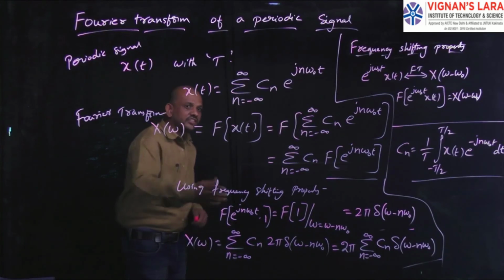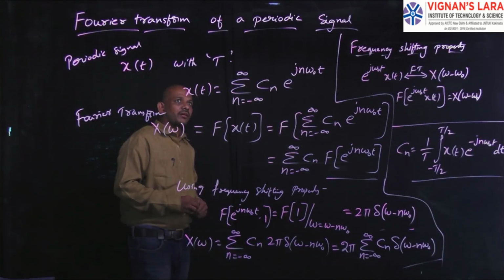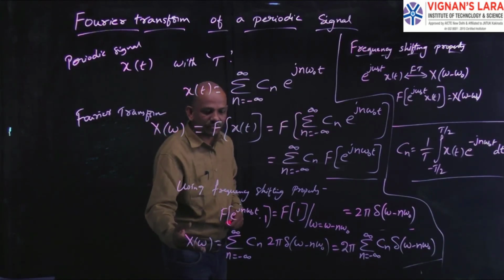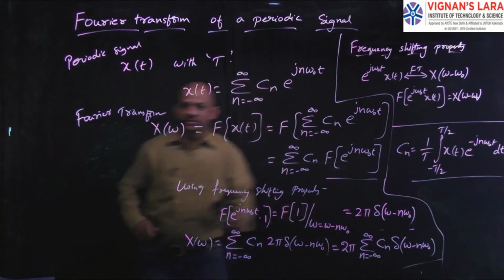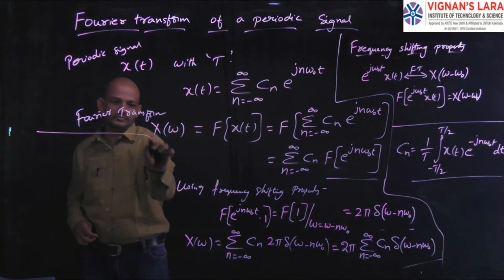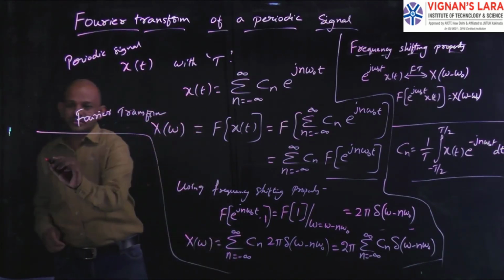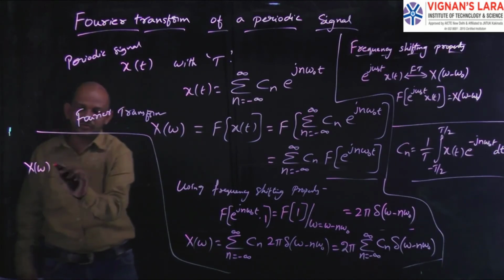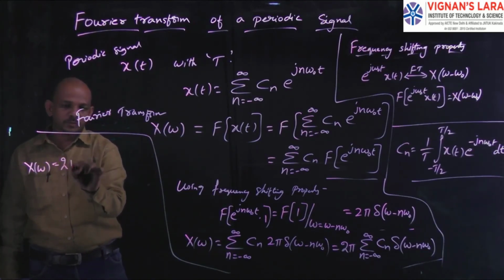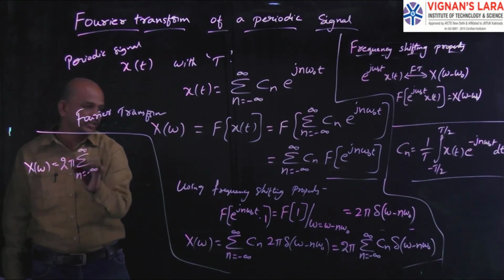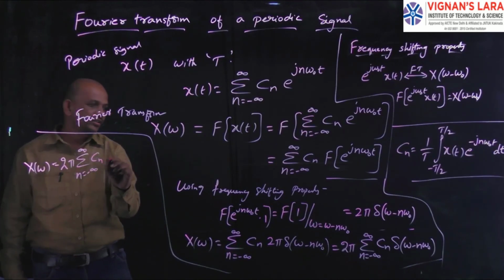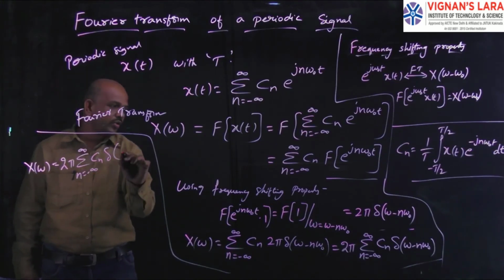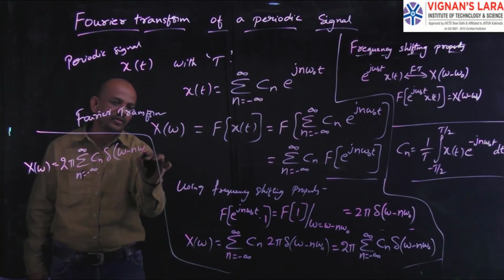So this is the Fourier transform of a periodic signal equation. x of omega is equal to 2 pi summation n equal to minus infinity to infinity Cn del of omega minus n omega naught.